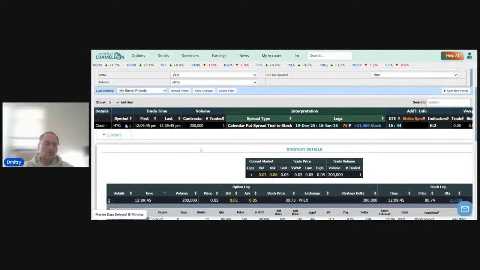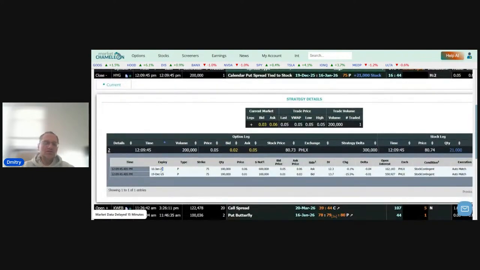If I click on these two, here's the trade. One is the January 16th 75 put, and then the December 19th 75 put. We can see the two legs are both puts with the same strike but different expirations.